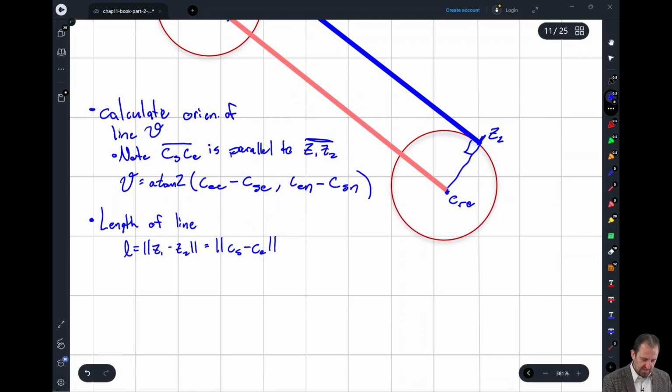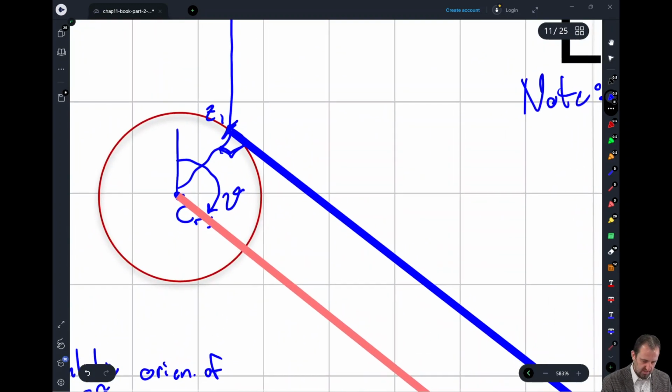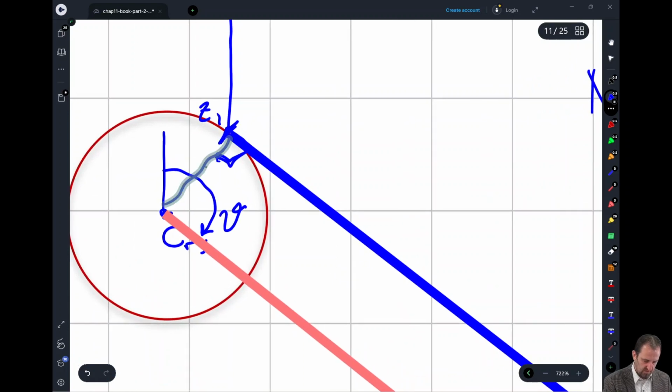Let's now look at the angle between our C start and the Z1.